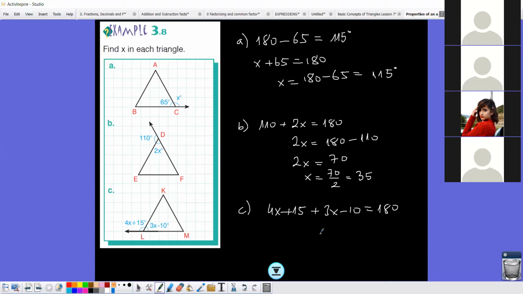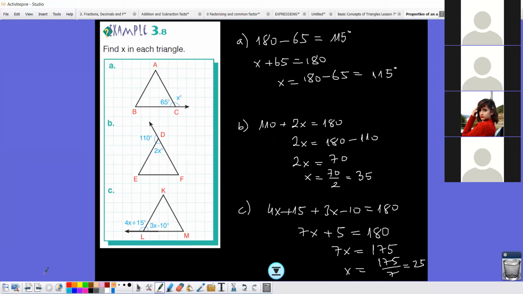So 7x plus 5 is equal to 180. 7x is equal to 175. 175 divided by 7 is equal to 25. Okay. So we understood? It's easy. If you have one interior and one exterior angle, their sum will be 180.